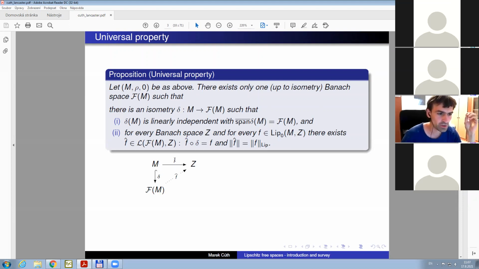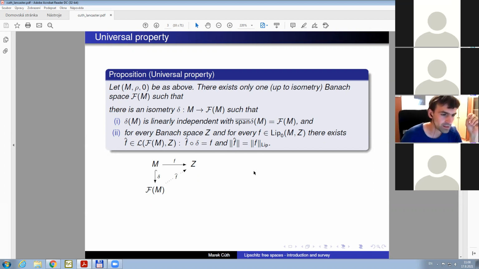So F is a Lipschitz map, F hat is a linear map, and they have the same Lipschitz constant. Or in other words, the operator norm of F hat is the same as the Lipschitz constant of F. Okay, so there is one more condition which I didn't mention. This function F should map 0 to 0.